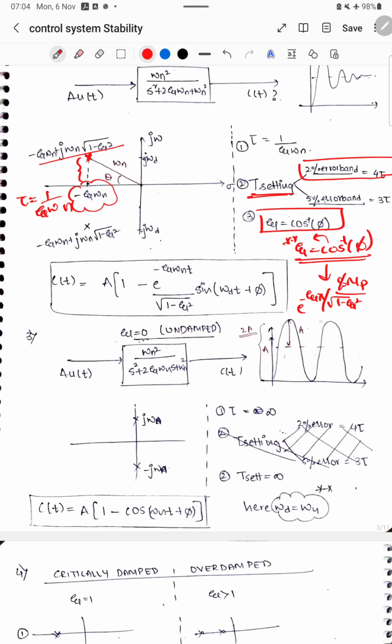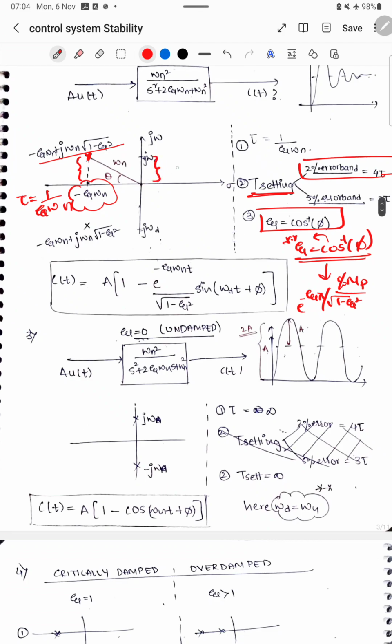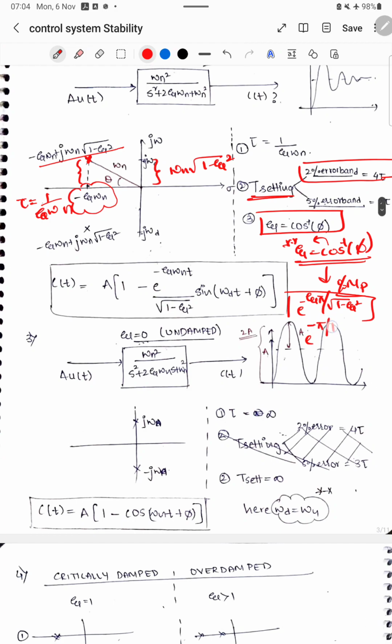This value is omega n root of 1 minus zeta square, and since the y-axis value is that, you can write e to the power minus y by x, so x by y. So you can write pi upon tan phi.